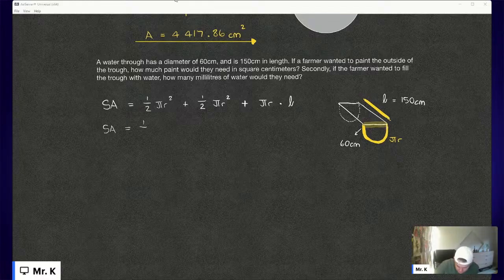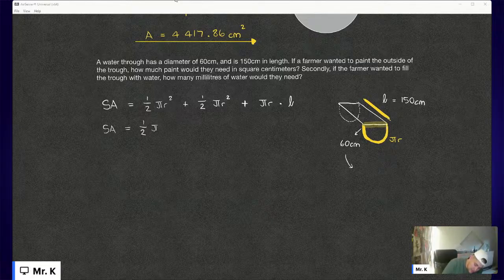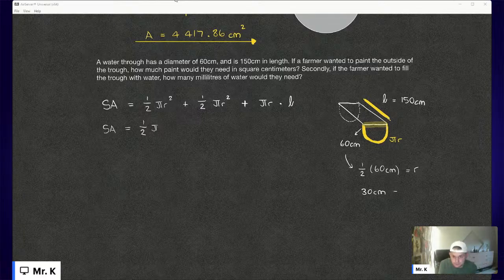Half times pi r squared. What is the value of r? If we know that the diameter is 60 centimeters, half of that is going to give us our radius. So our radius is 30 centimeters. That means that in the place of r, we can put the value 30.